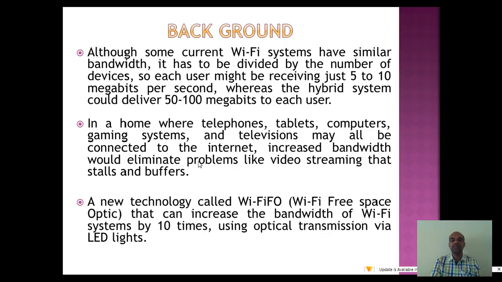But in the case of Li-Fi, if the bandwidth is 100 megabytes, this 100 megabytes is allocated to all the people. There is no reduction or bandwidth sharing. This is very useful in crowded locations and high speed data transmission. Due to this, we can also stream video without any interruptions.